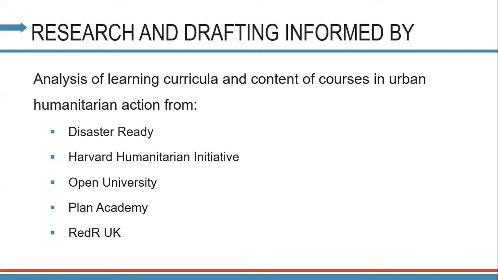Courses from the following organisations were analysed: Disaster Ready, Harvard Humanitarian Initiative, Open University, Plan Academy, and RedR UK. The purpose of this analysis was to identify skills, knowledge, and competencies that these organisations considered to be important for urban crises.